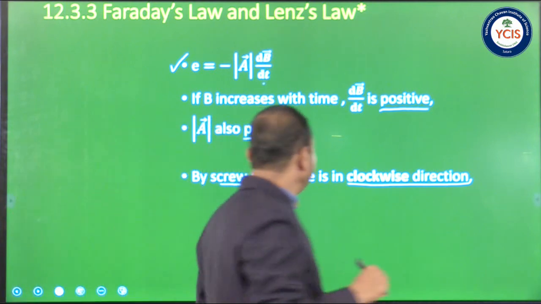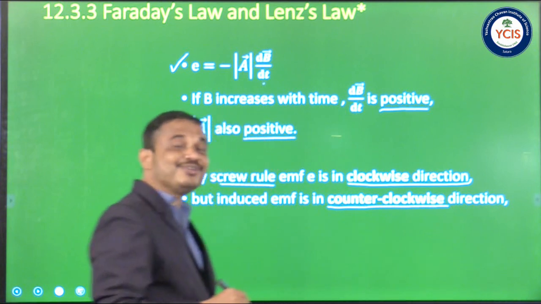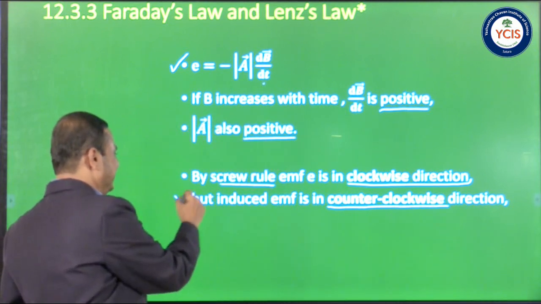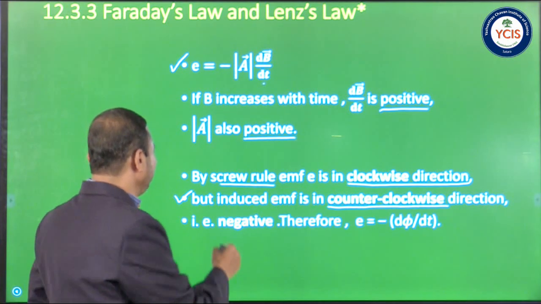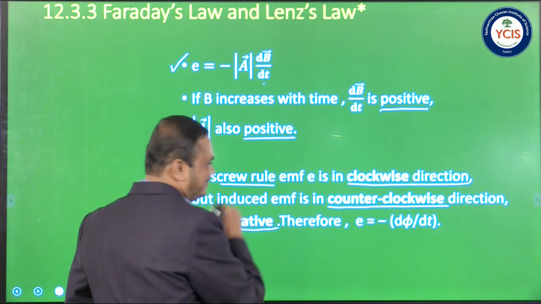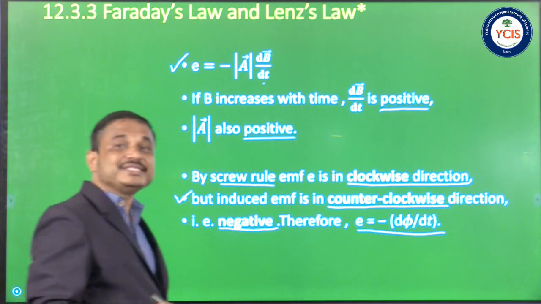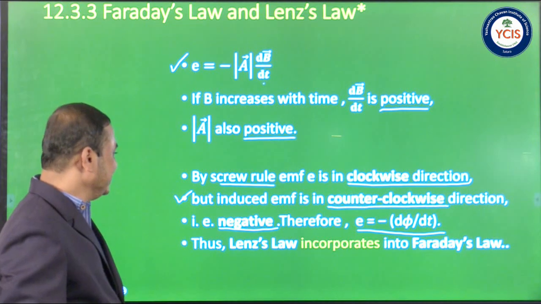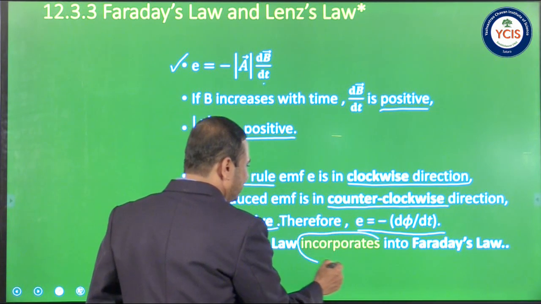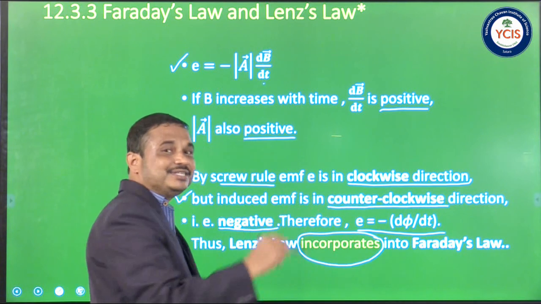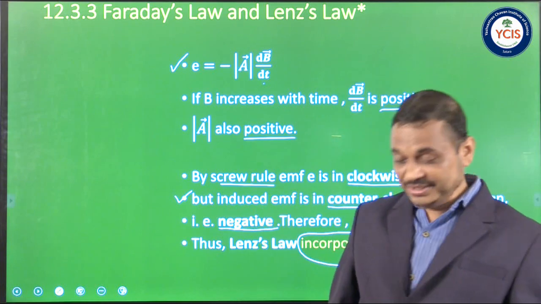But what is actually found is that this is in the anti-clockwise or counterclockwise direction. This is the actual fact, that is, it is opposite. Therefore E is negative, and therefore we can write E is equal to minus d phi by dt. Thus Lenz's law is incorporated into Faraday's law. So this is the connection between Lenz's law and Faraday's law. So we stop here.